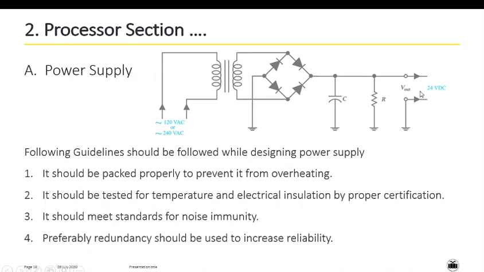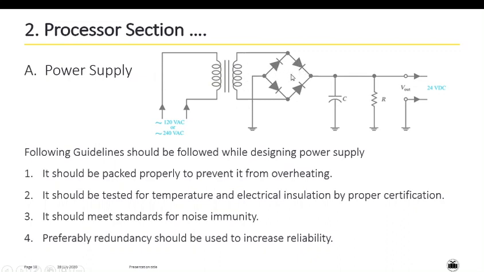We will assume that our PLC requires 24 volt DC. 12, 24, 36, 48 are the typical voltage requirements or specifications of a PLC. Maybe 18 volt or 20 volt, it will convert the input signal into some 18 or 20 volt.